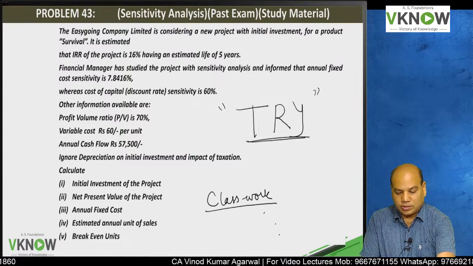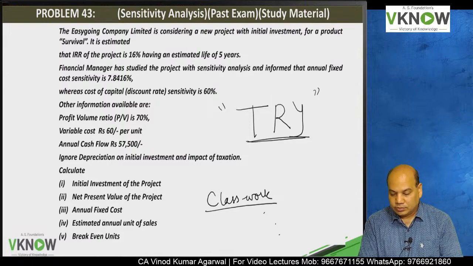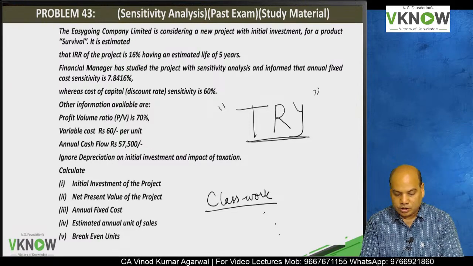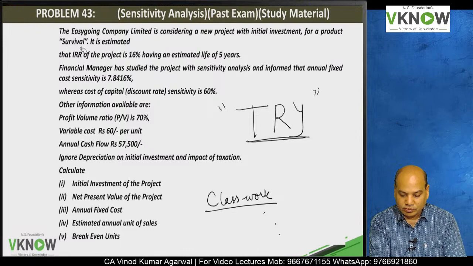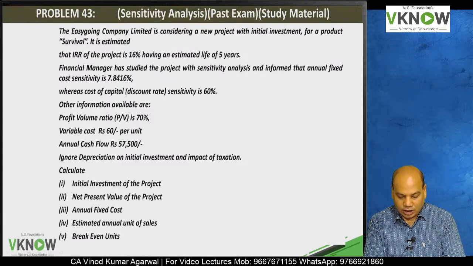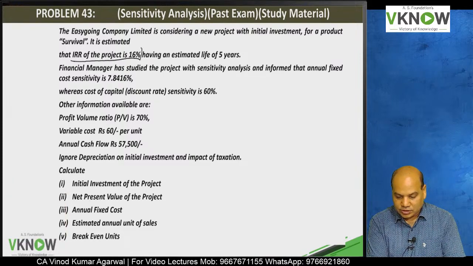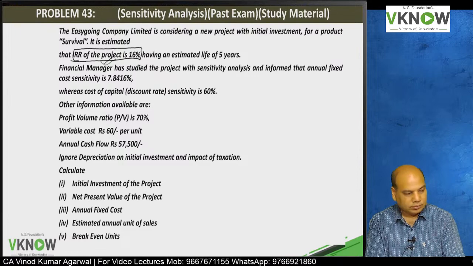The easygoing company is considering a new project with initial investment for a product survival. It is estimated that the IRR of the project is 16%. So this is a very important hint.